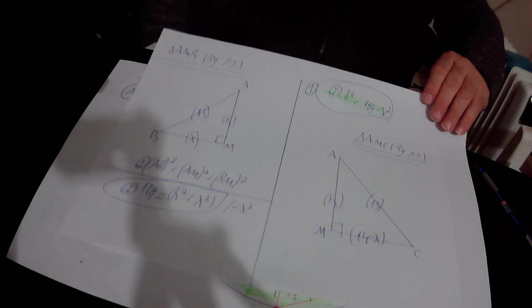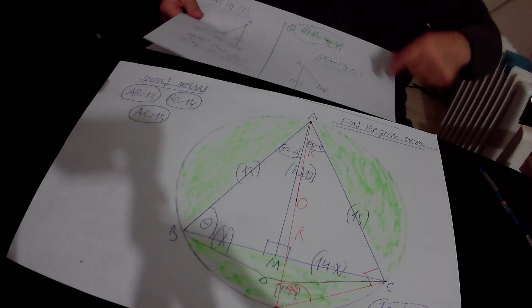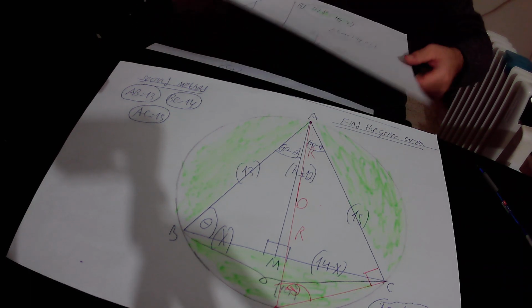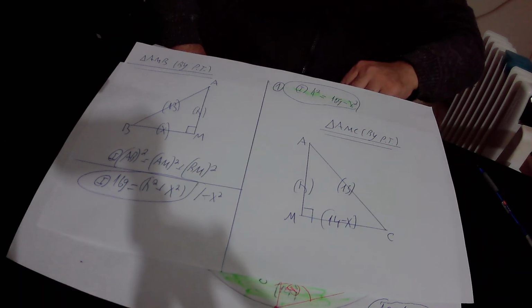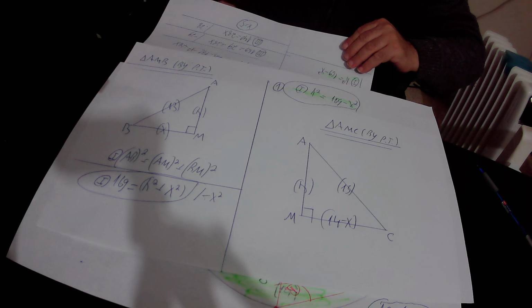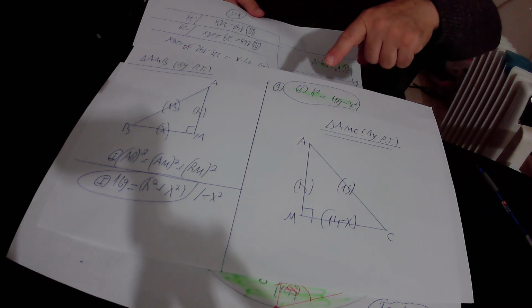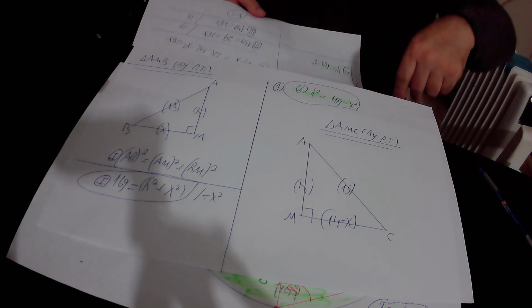Okay, then I copied the right triangle AMC in a new page and we implemented the Pythagoras theorem in this right triangle AMC. This is the right triangle AMC that I copied from the original diagram. According to the Pythagoras theorem, in this right triangle AMC, AC squared equals AM squared plus MC squared.